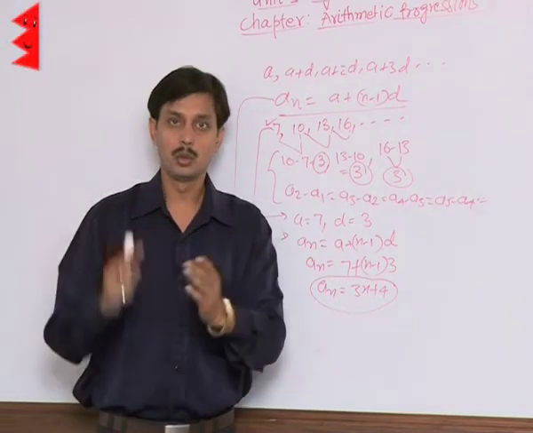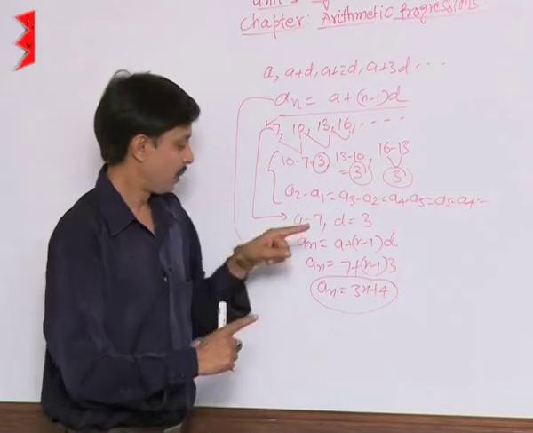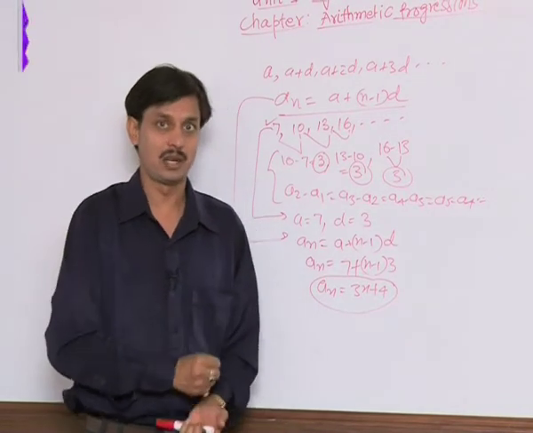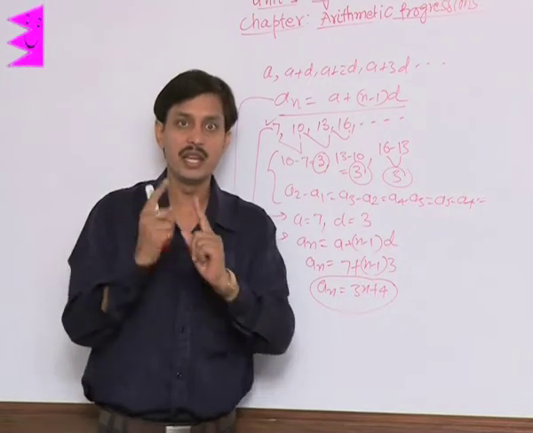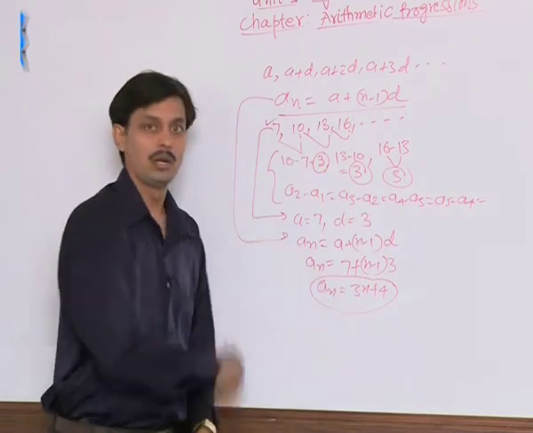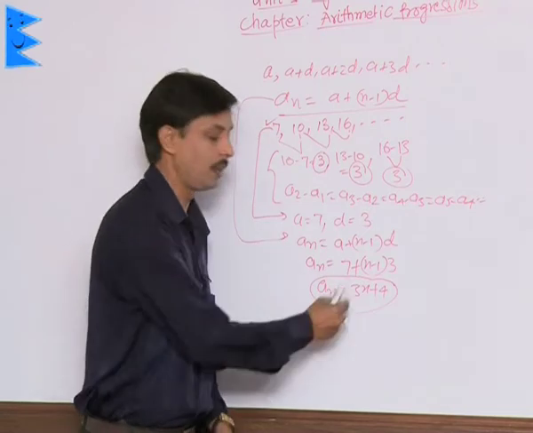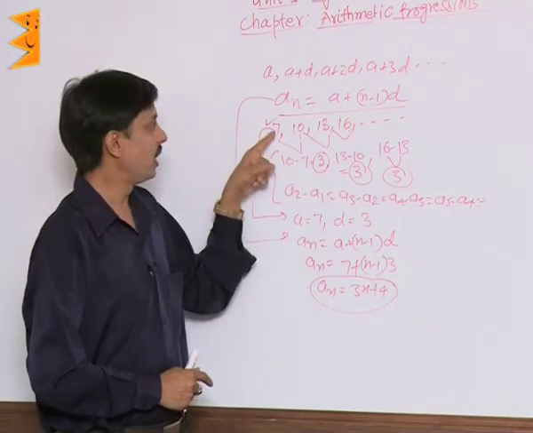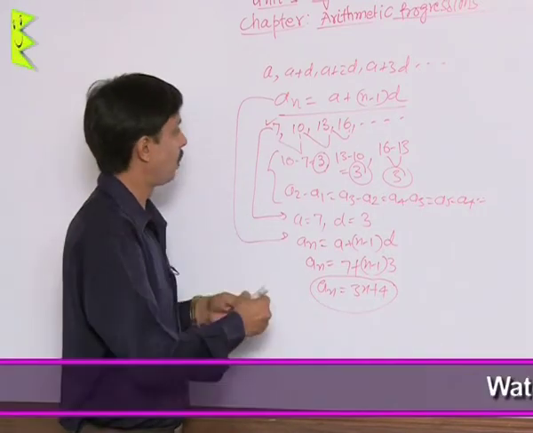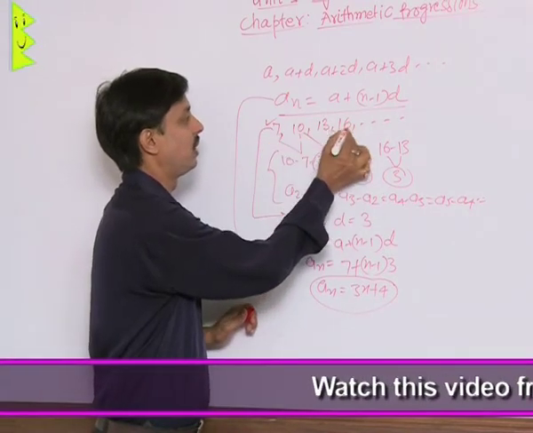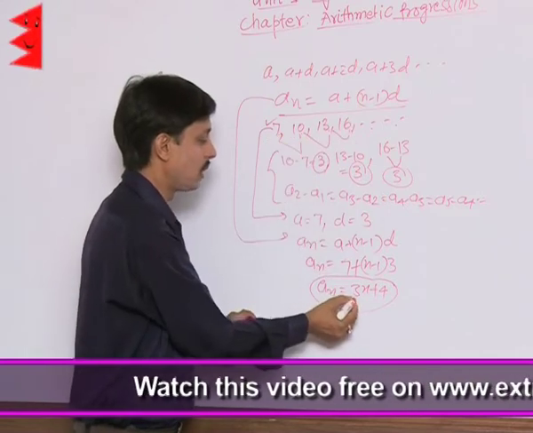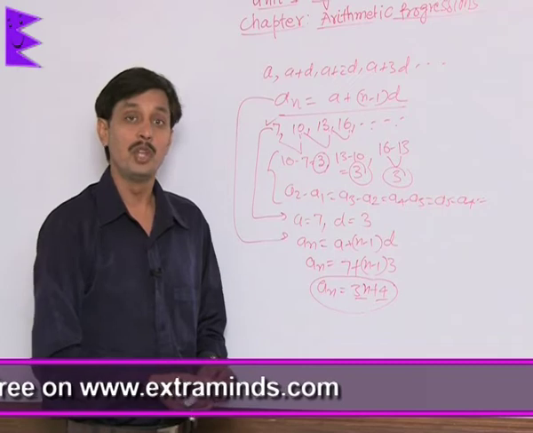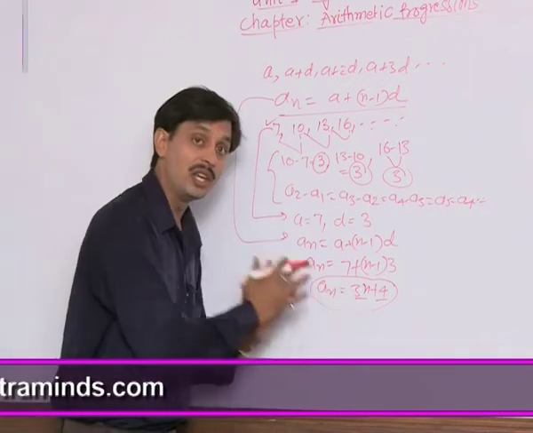The nth term is coming 3n plus 4, which is linear in n. So if a progression's general term, the progression's nth term, is coming linear in n, we say, we verify, yes, the progression is arithmetic. So clearly the nth term of the progression 7, 10, 13, 16 and so on is coming out to be 3n plus 4, which is linear in n.